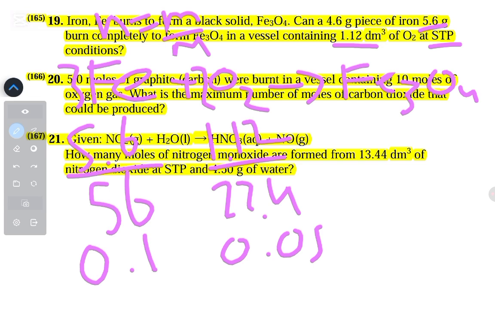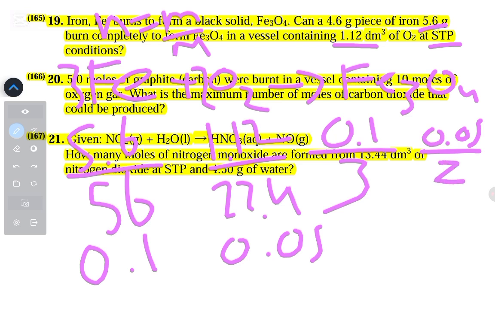So 0.1 over 3 and 0.05 over 2. 0.1 divided by 3 will give you 0.0333, a never ending amount of 3s. And 0.05 divided by 2 will give you 0.025.